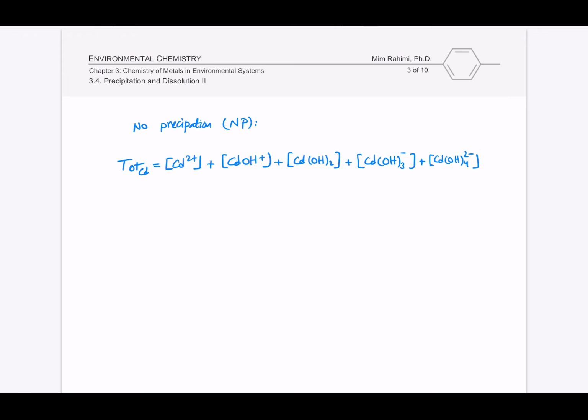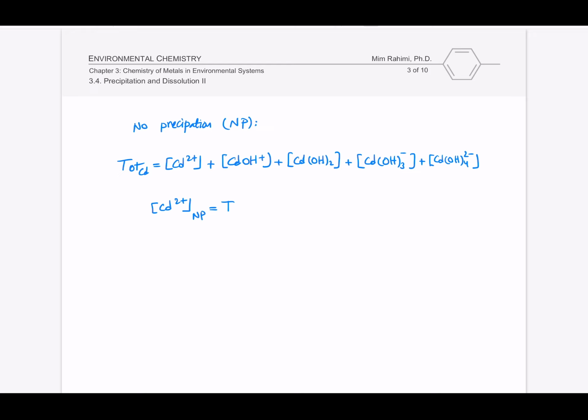And based on the first 2 lectures of the chapter, we know how to calculate the concentration of cadmium using the beta values. Since this is no precipitation, we use this NP.